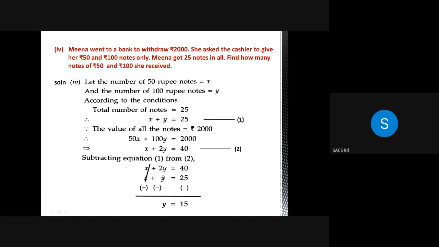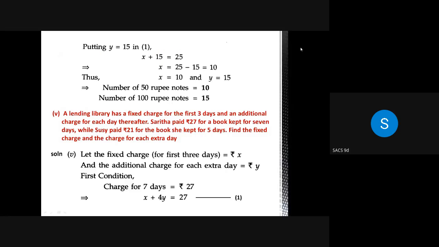So x plus 2y equal to 40 minus x plus y equal to 25 will give me y equal to 15. That is, the number of 100 rupee notes is 15. Putting this value in 1, I get x plus 15 equal to 25. That is x equal to 10. So the number of 50 rupee notes is 10 and the number of 100 rupee notes is 15.